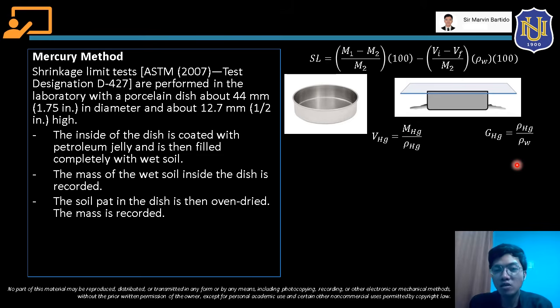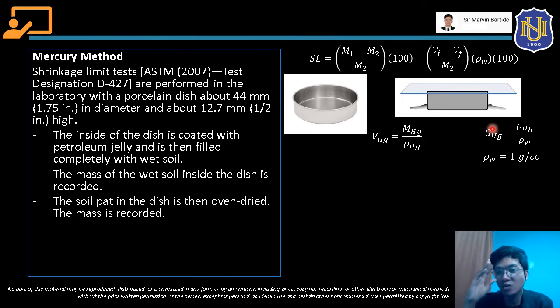So class, di ba meron tayong formula na specific gravity? Yan, class, ay equal sa unit weight ng anumang substance or material over unit weight ng water. So pwede rin siya na density ng anumang substance or material over density ng water. So in this case, class, kung gusto nating kunin yung specific gravity ng mercury, so this is just density ng mercury over density ng water.